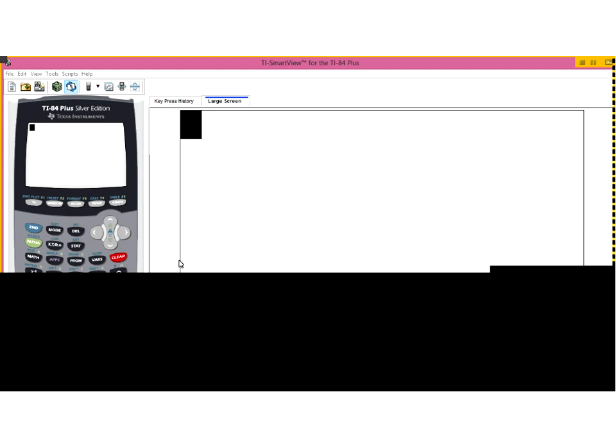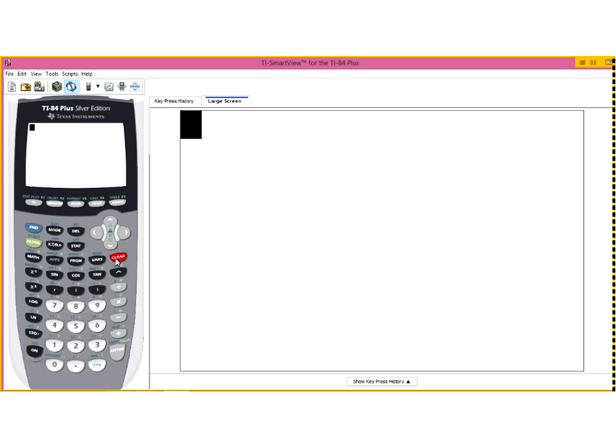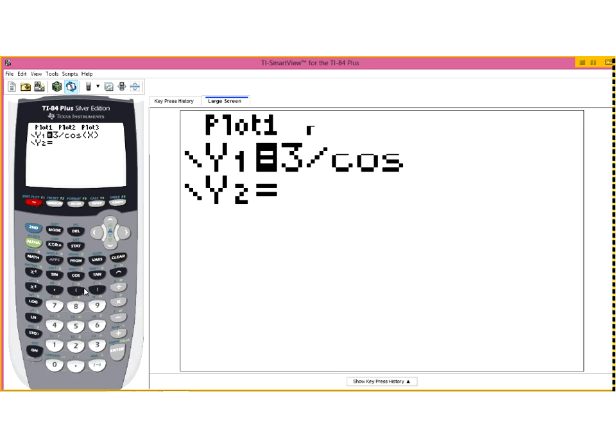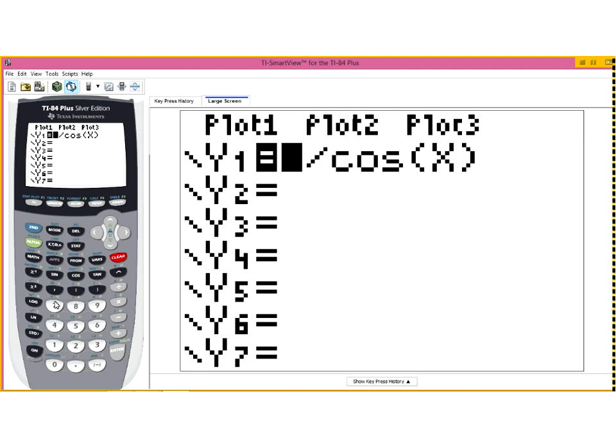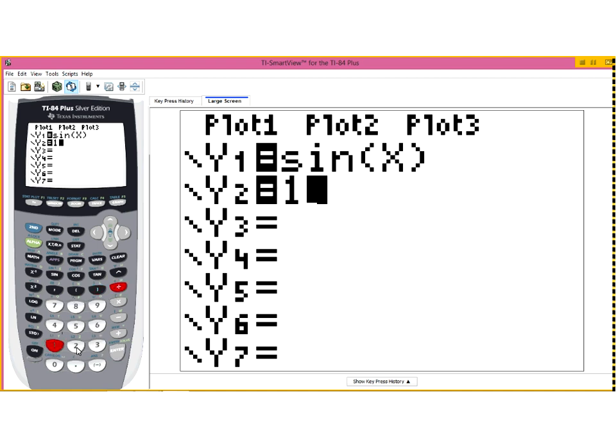Now, if I go to my calculator, let's go to graph. My calculator is set in radians, so remember to graph trig functions on your calculator, you need to be in radians. So I'm going to graph sine x on y1, and I'm going to graph 1/2 on y2.